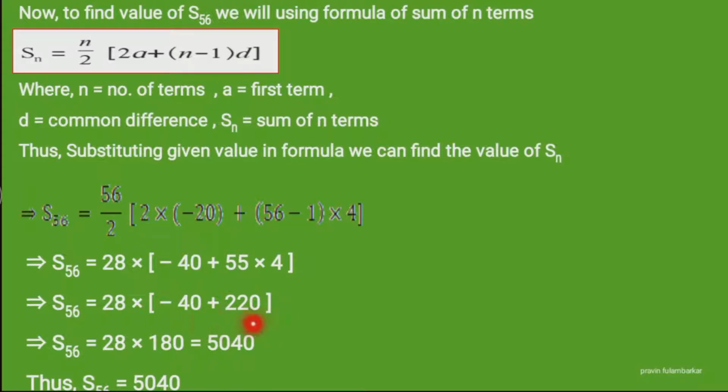After adding this we get 180. Now multiply this 180 with this 28, we get 5040. So this is the sum of 56 terms.